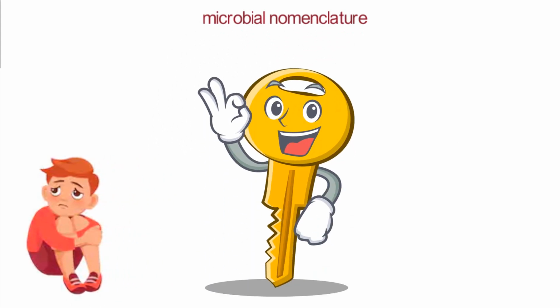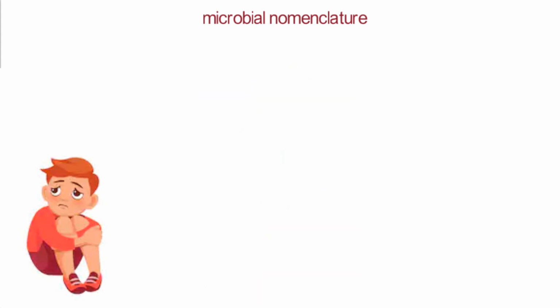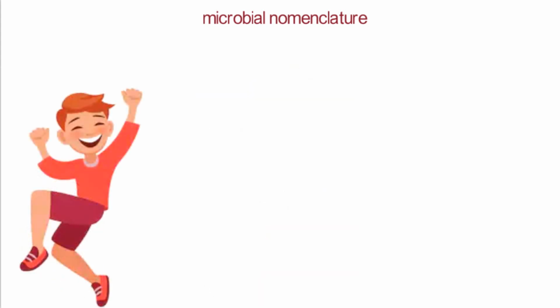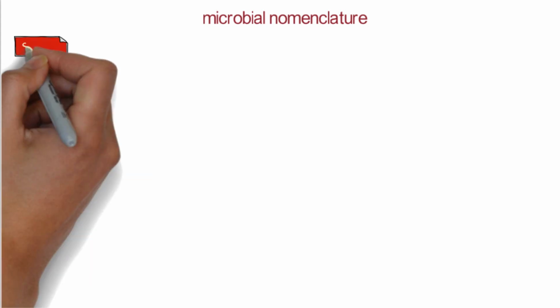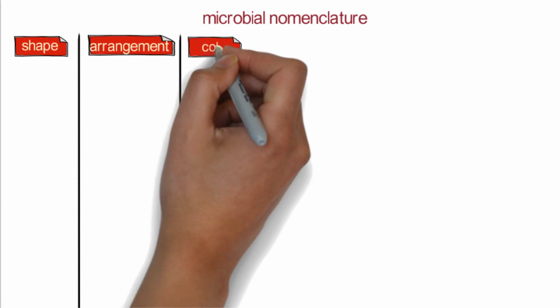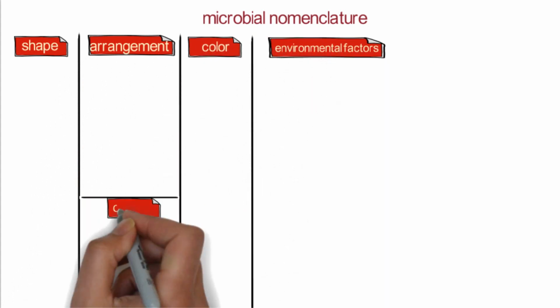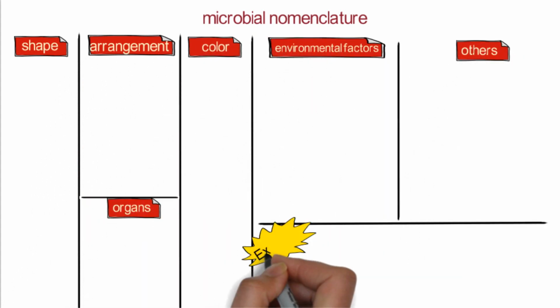Now, let me give you the simplified key, which allows you to know the microbial characterization according to its name. Now, we will discuss some of the Latin terms related to shape, arrangement, color, environmental factors, organs, and others.